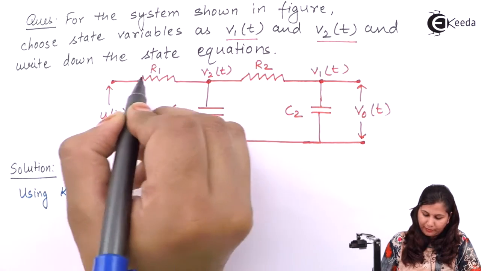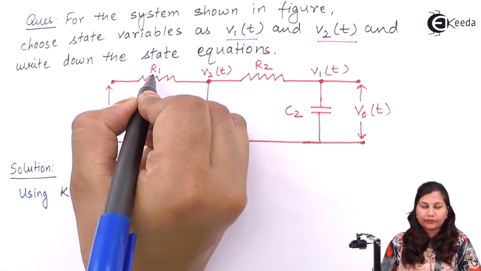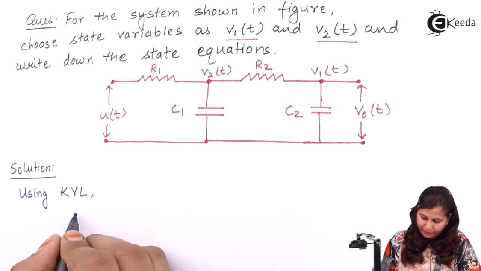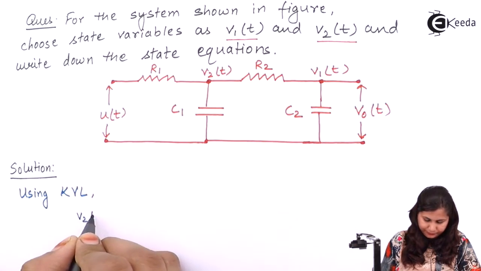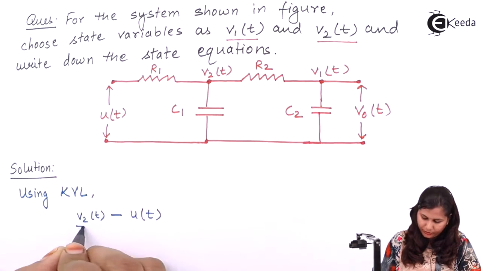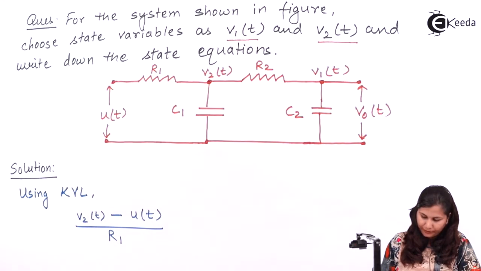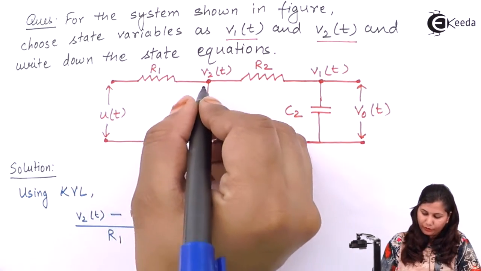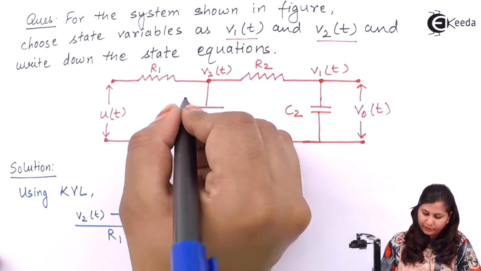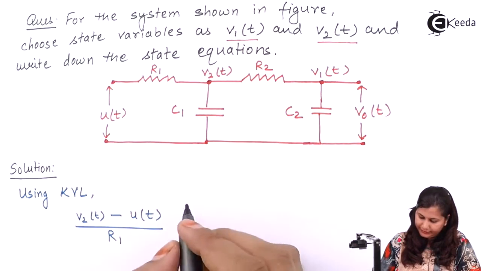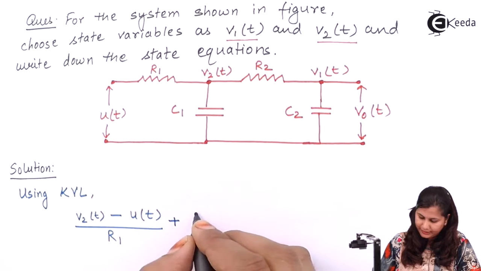So (V2(t) minus u(t)) upon R1 is the current flowing through this. Then for this capacitor C1, the current across this will be C1 dV2(t)/dt.